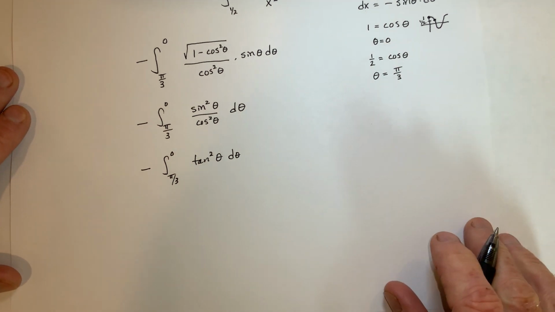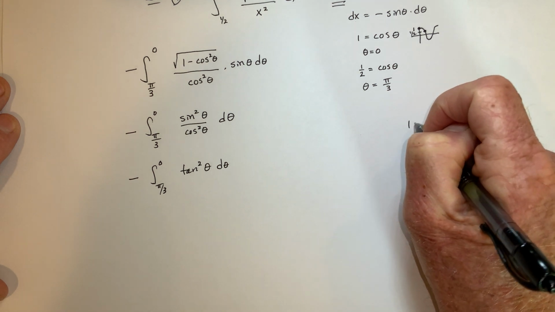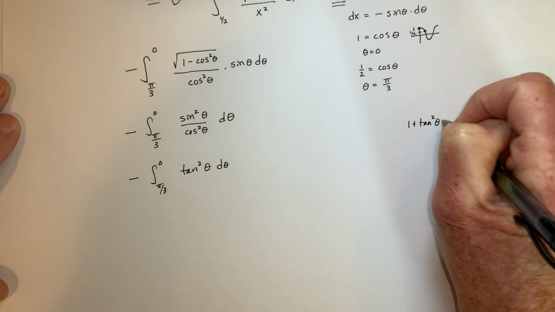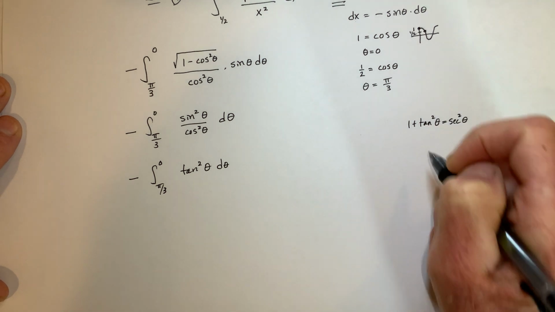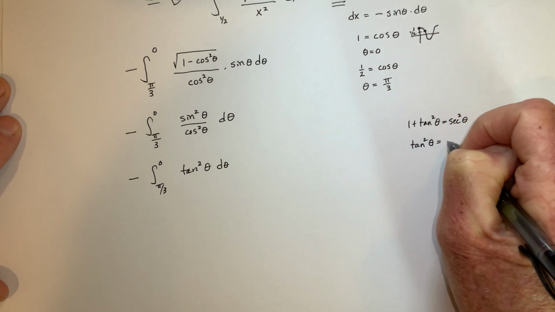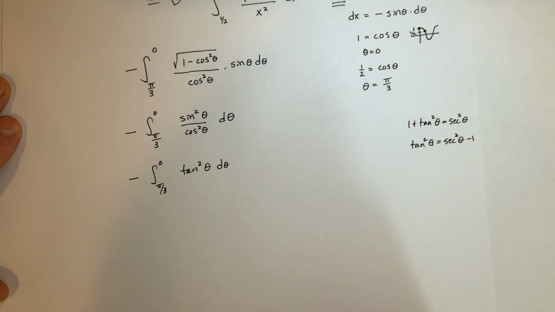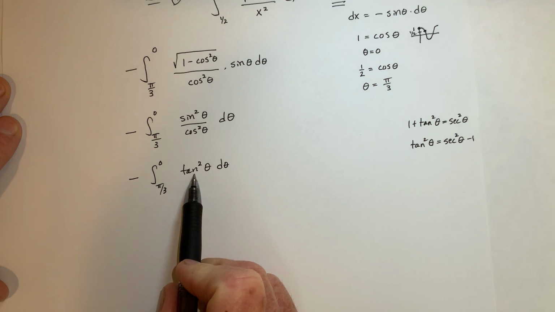So then we could use a trig identity. Over here, I'm going to write down the trig identity I know is that 1 plus tangent squared is equal to secant squared. Or if you subtract 1 from both sides, tangent squared is equal to secant squared minus 1. So this could be replaced with secant squared minus 1.